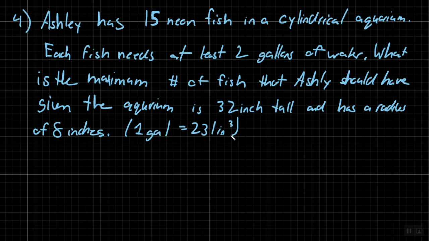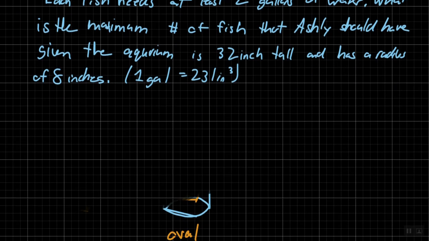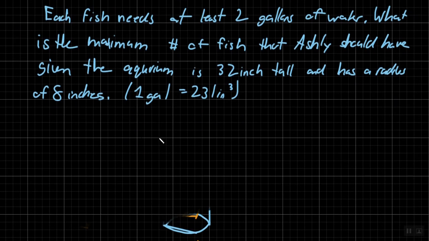So what shape is Ashley's aquarium? A cylinder. We have a cylinder. Up top, down below.